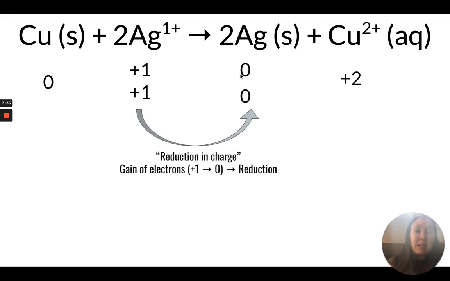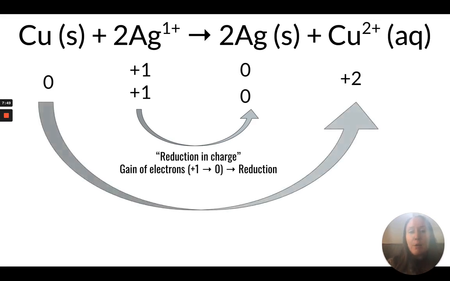It had to gain electrons to do that. One way that I remember it is I think the phrase reduction in charge. Its charge was reduced, and so I know right away that it is reduction. Copper here went from a 0 oxidation state to a positive 2 oxidation state. This was a loss of electrons, which is oxidation. So in an oxidation reduction reaction, one atom will be oxidized and one atom will be reduced. Can't really have one without the other.